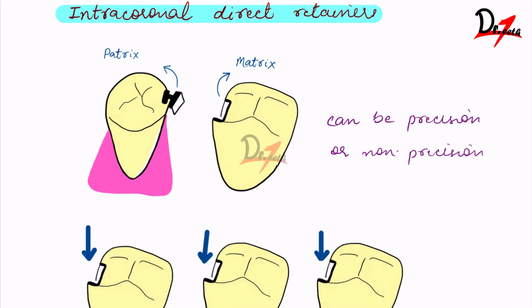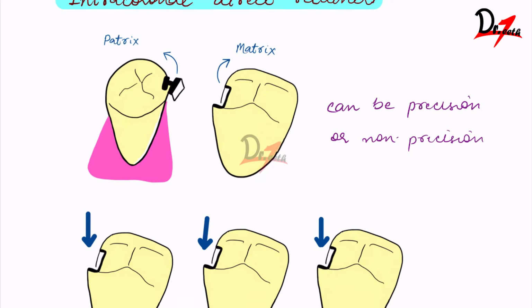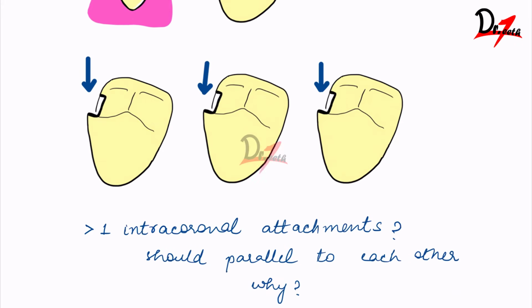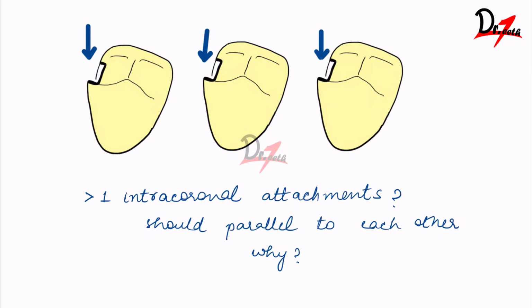Now this intracoronal direct retainer can be precision or non-precision, as we have already seen. Now coming to this diagram right here, I've tried to show the parallelism of different tooth. If you have to place multiple intracoronal attachments on many teeth, it is very necessary that we have parallel preparations, okay.